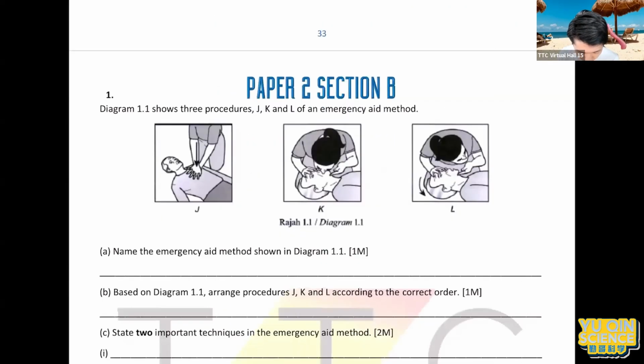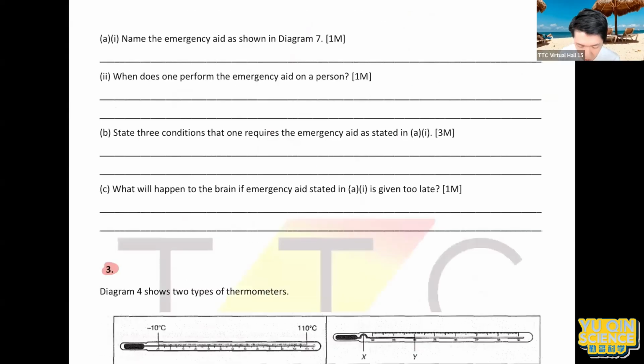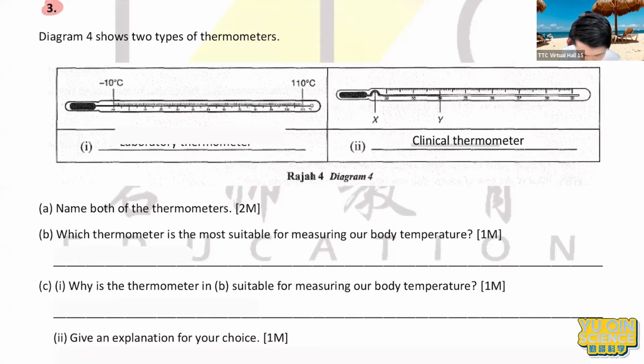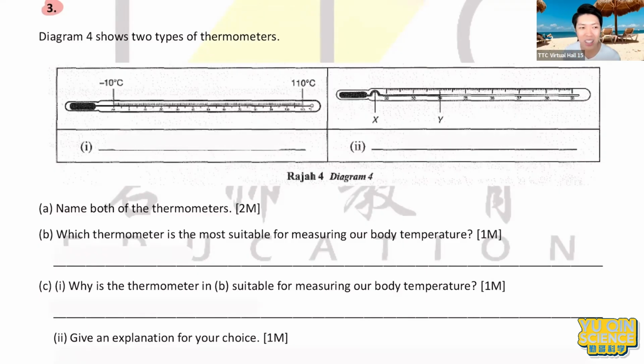First of all, you've got to fill up what are the names of the thermometers. I just disclosed the answer. When there is this little kink here, we call this a kink, it's a U-turn, right? That's to slow down the mercury from falling back to the bulb.